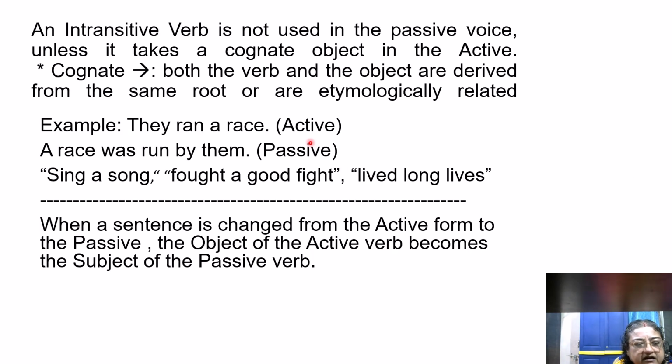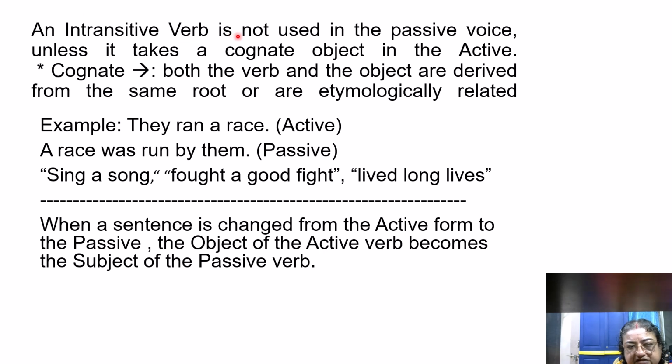Next, now there is some exception also. Not only a transitive verb can be in active voice and changed from active to passive, but some intransitive verbs also you can change to passive. For that you need a cognate object.